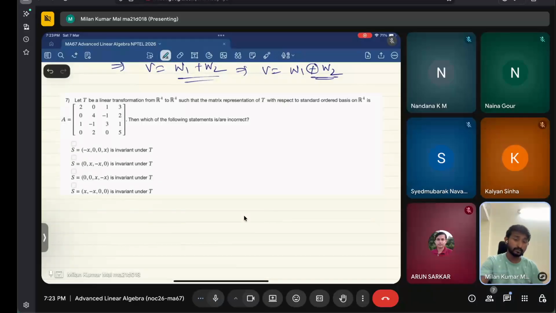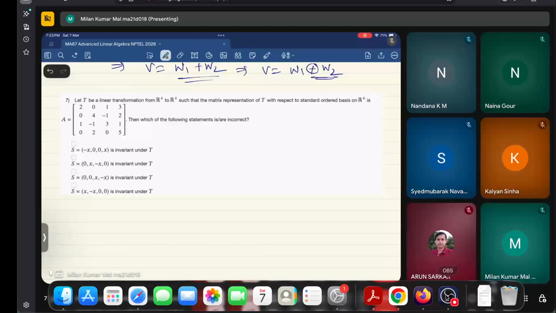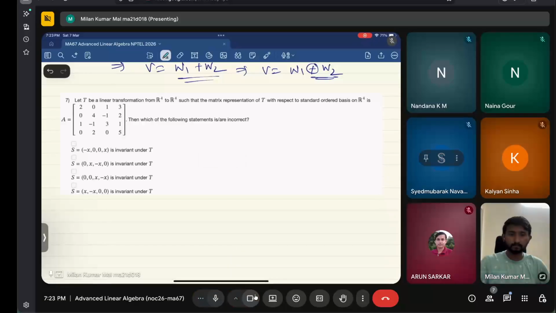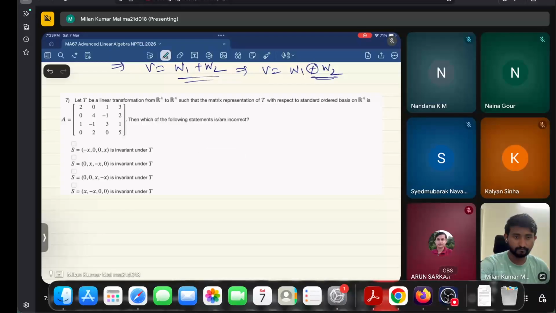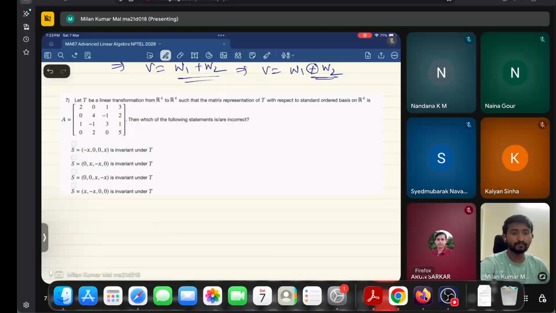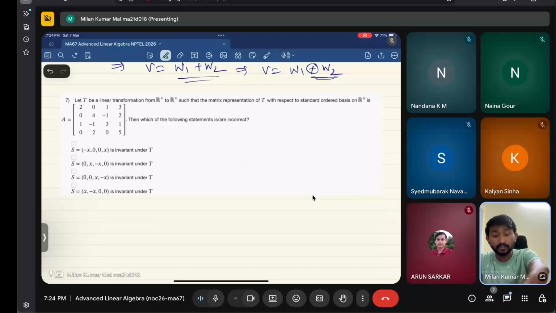So you can read the problem. What this problem says: let T be a linear transformation from R4 to R4 such that the matrix representation of T with respect to the standard ordered basis is given.